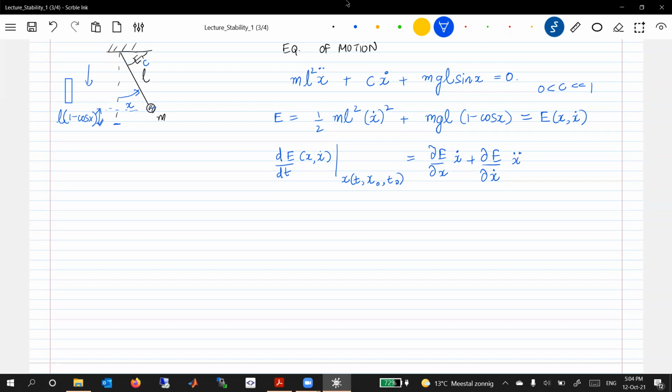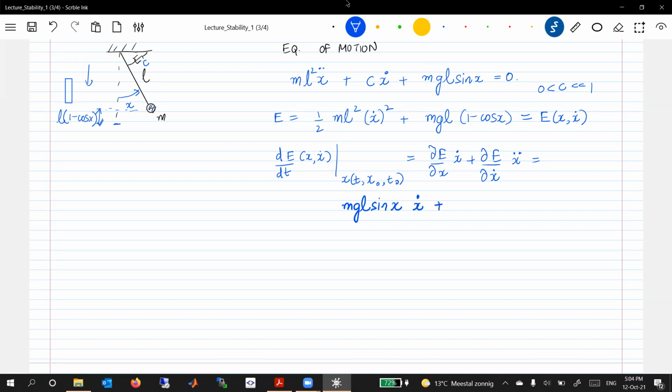So, if I differentiate this expression with respect to x, I'm only supposed to differentiate this term. This is mgL cosine x, so I would get the mgL sine x here, times x dot.